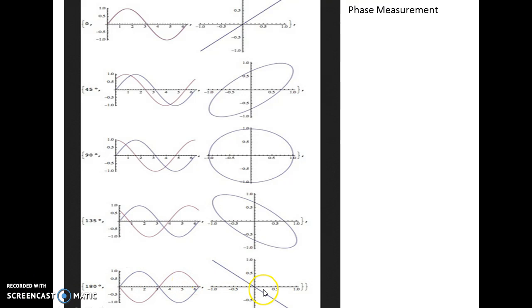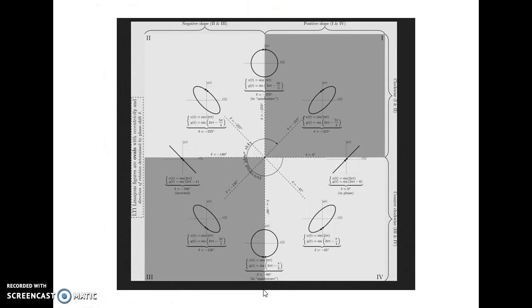Not only this, we get the following patterns for different phase angles. For a phase angle of 0 between the two signals, as we have already seen, we get a straight line. For a phase angle of 45 degrees, we get an ellipse. For a phase angle of 90, a circle. For a phase angle of 135, again an ellipse. Phase angle of 180, you get a straight line again.